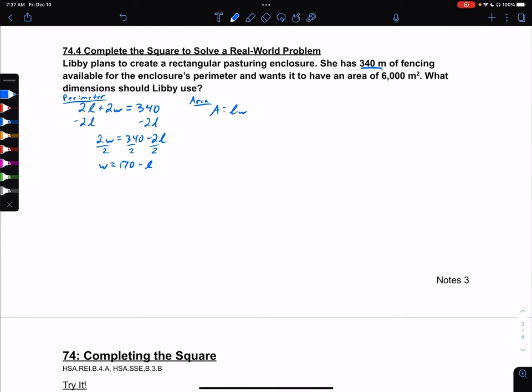Libby wants an area of 6,000 meters, so we can plug in 6,000 for A. Our length is just going to be L, and for W we're going to replace W with 170 minus L. So 6,000 equals L times (170 minus L). We distribute, and we can solve for L since it's the only variable in this problem. So 6,000 would be equal to 170L minus L squared.